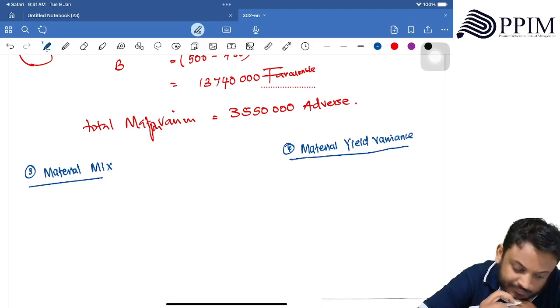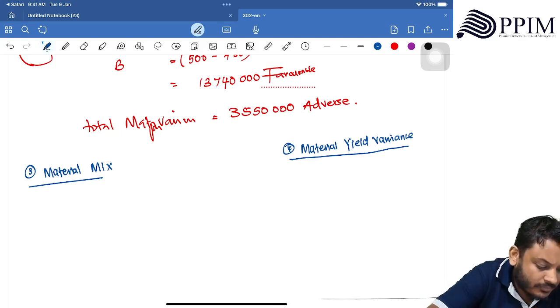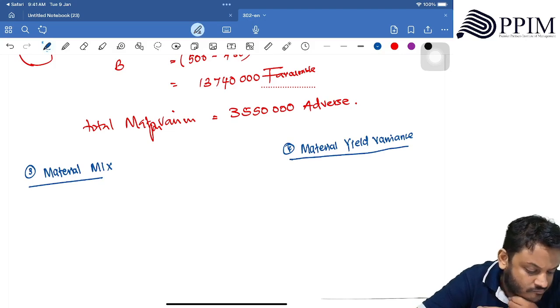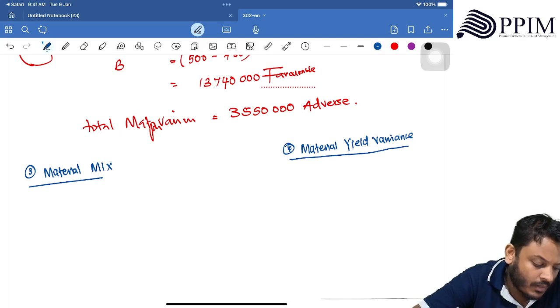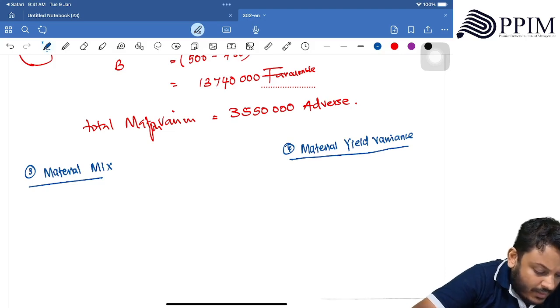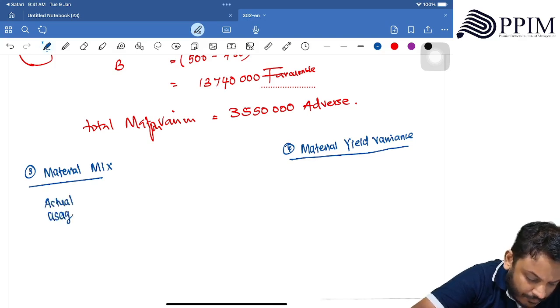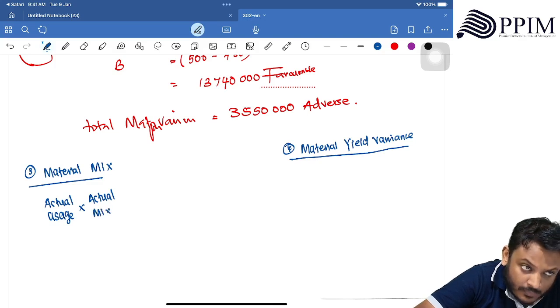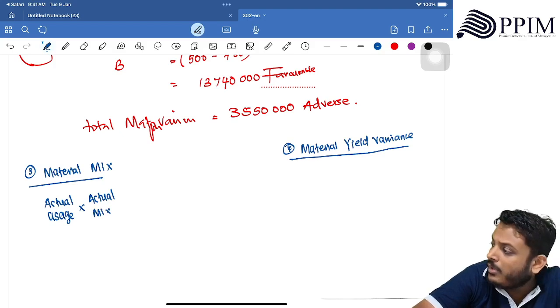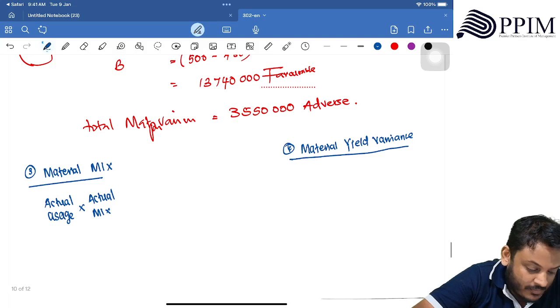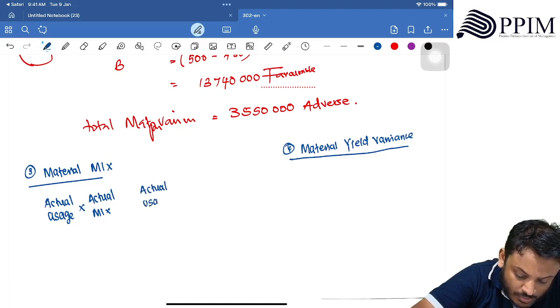So here, see, material mix variance: actual usage in actual mix, minus actual usage in standard mix.